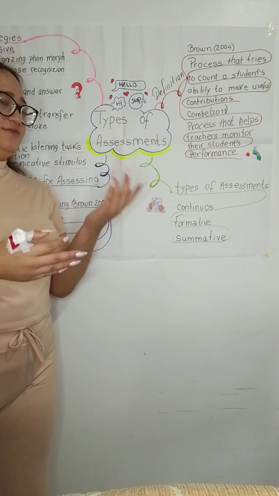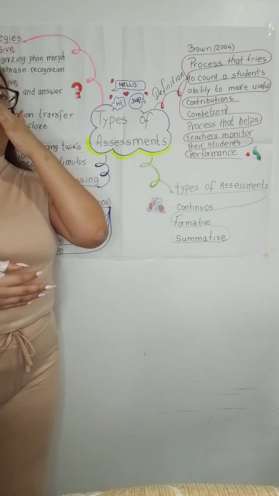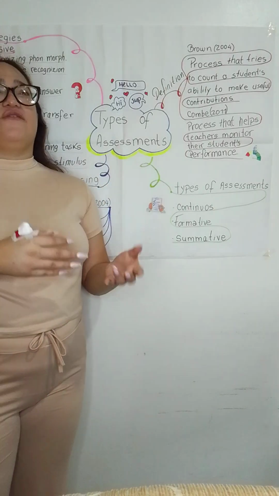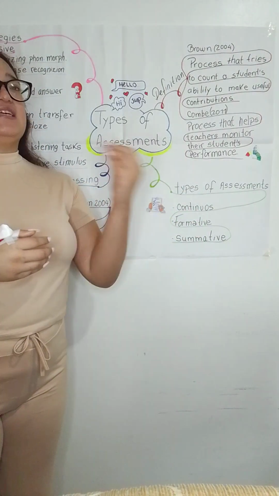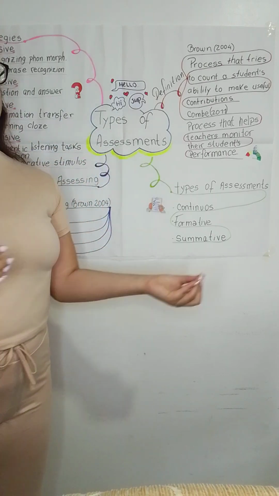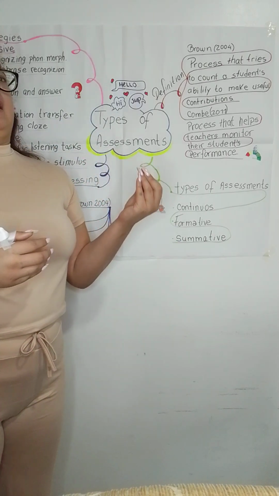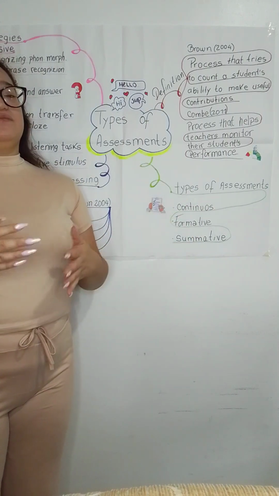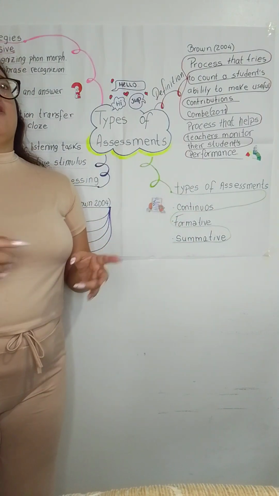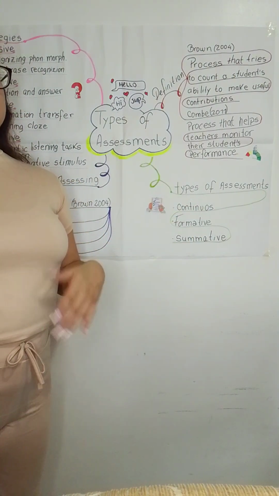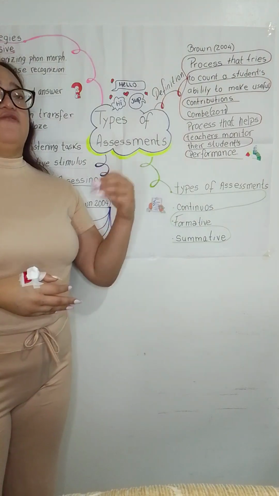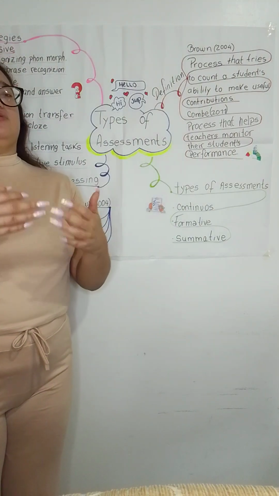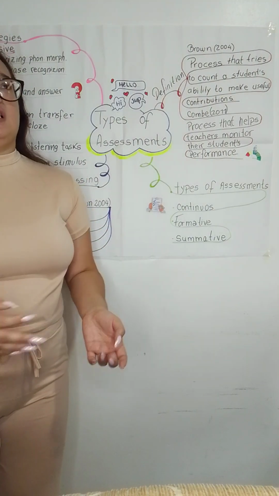On the other hand, Brown considered that most classroom assessment is formative because it involves the process of forming students' competence and skill with the goal of helping them to continue that growth process.